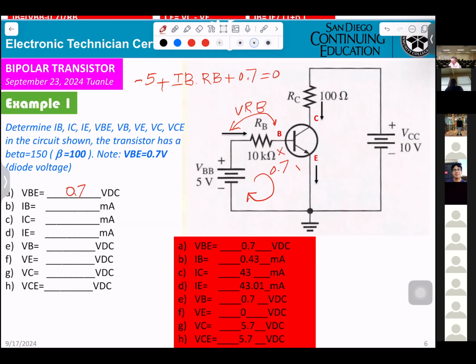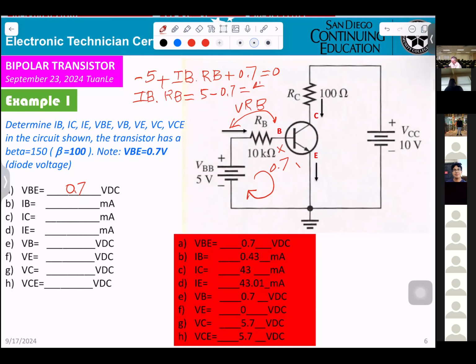From this formula, you can get IB times RB equal, moving minus 5 to the other side, 0.7, same thing. Minus, move to the other one, equal 5. 0.7 move to the other side has to be minus. So you get 4.3.